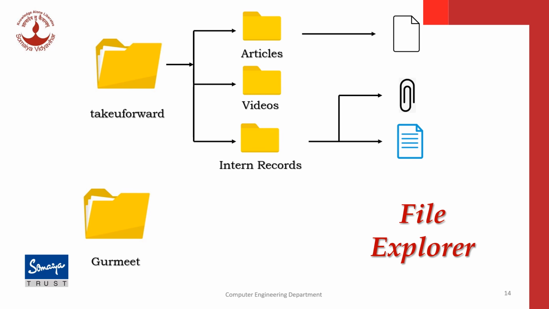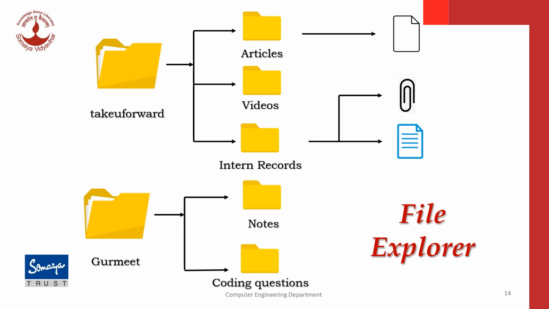And then I store data related to stack in the stack folder, data related to queue in the queue folder, and so on. Why is this done? This is done so that I can search my data easily. My data will be available to me on an easy basis. So this subfolder representation is done using a tree.